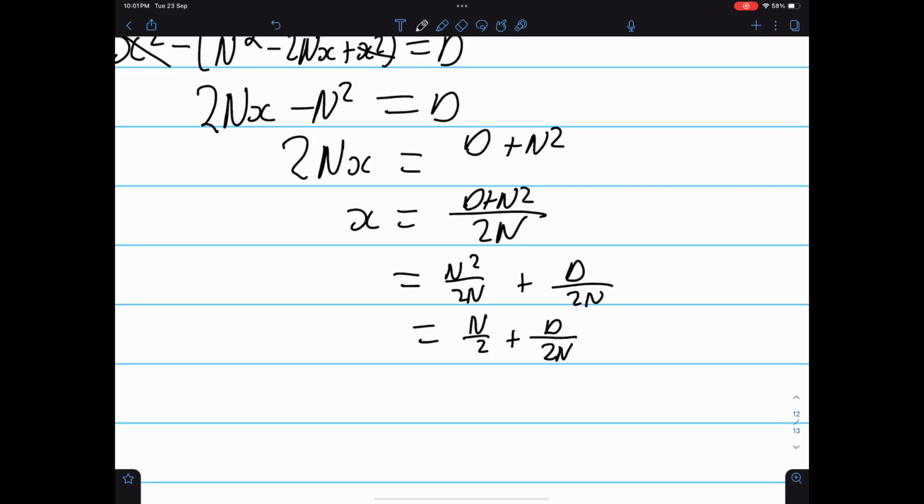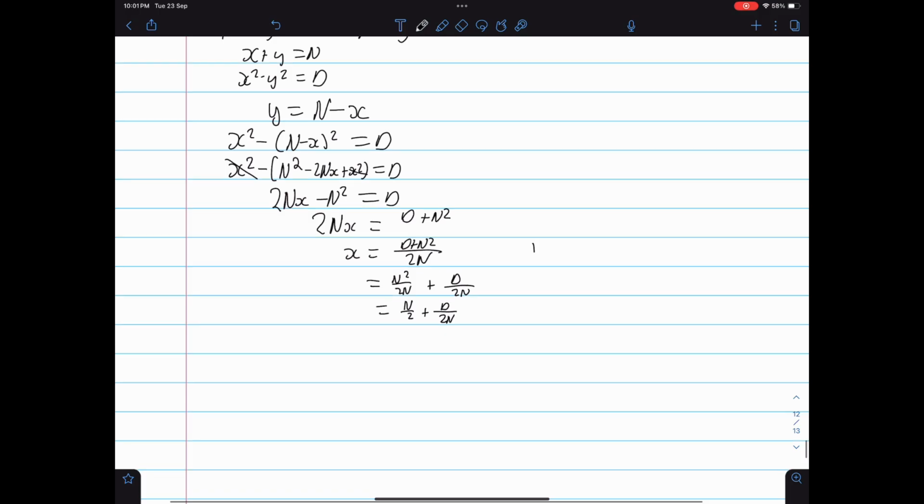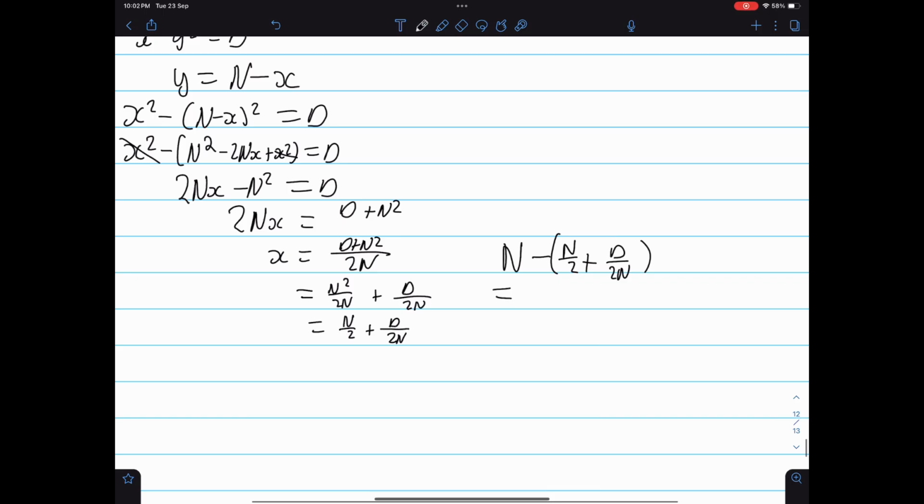And then for the other solution, you would just do n minus x. So that will just equal n over 2 minus d over 2n.